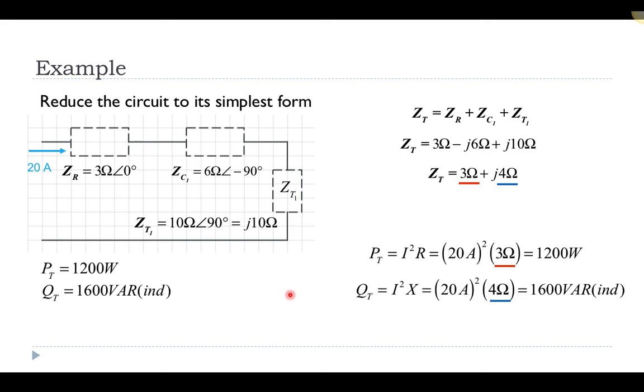So regardless of whether I look at the individual components and calculate the total power and the total reactive power, I get the same value as if I reduce the circuit down to a single impedance, where from that single impedance I can assume I have a single resistor and a single reactive component, and in this particular case it happens to be inductive because this turned out to be positive.